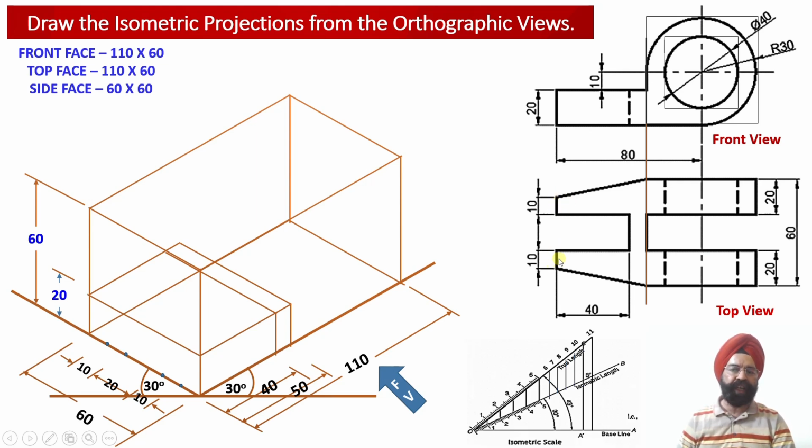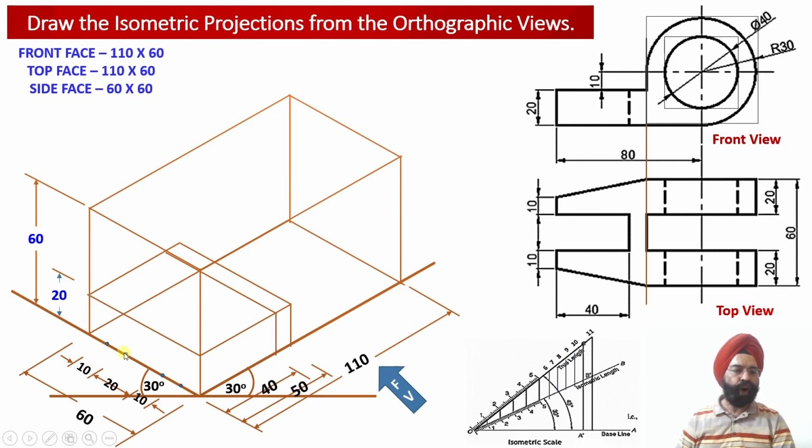and corresponding to this portion of the web. So this is 10 millimeter and this is 10 millimeter. So these 4 points we have been able to locate symmetrically alongside the width of the solid.